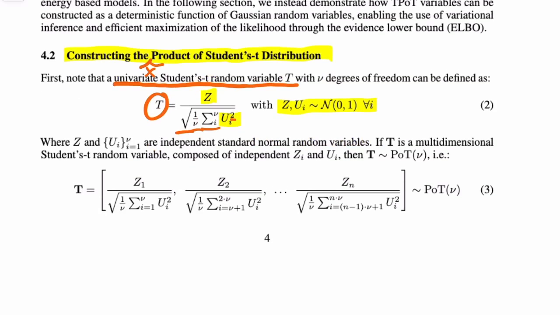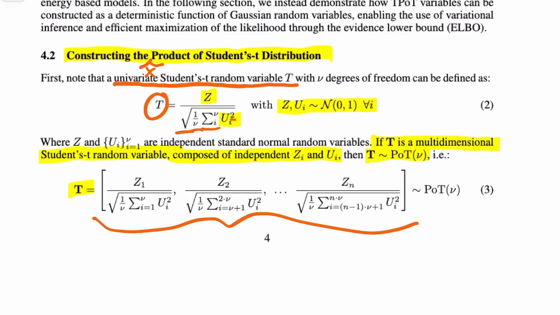This should be kind of known if you've ever taken statistics or used the t-test for anything. I can extend this to the multidimensional case: if T is a multidimensional student T random variable composed of independent Z's and U's, then we can construct T as a vector, and that is going to be distributed according to a product of student T's.